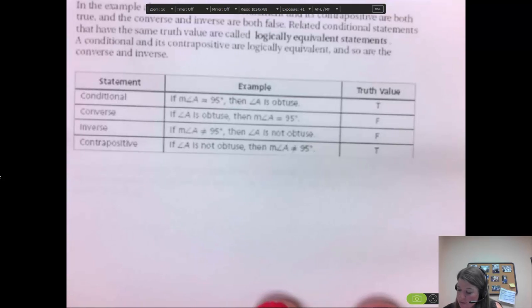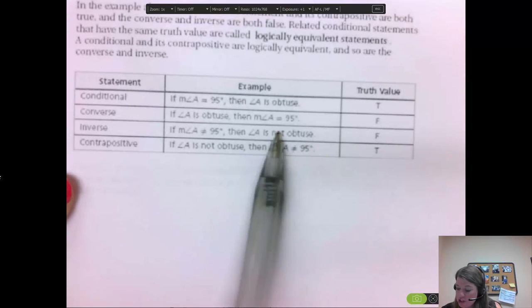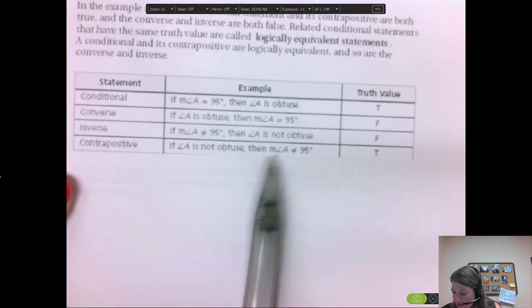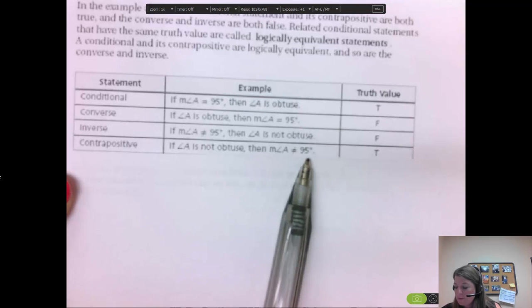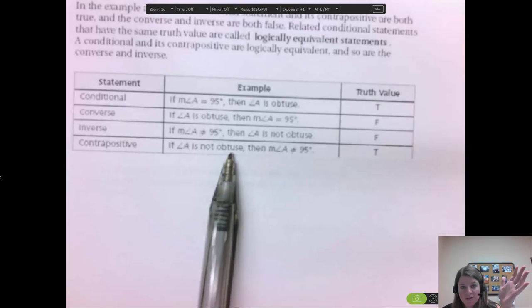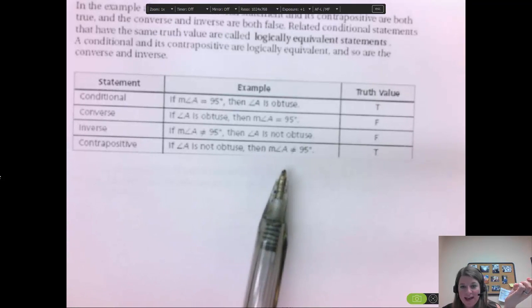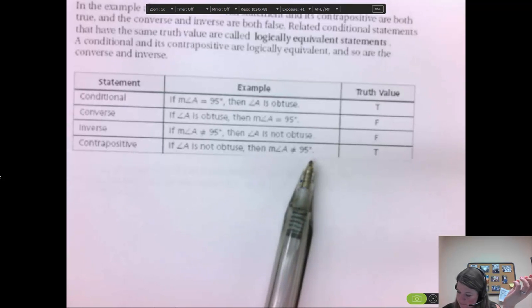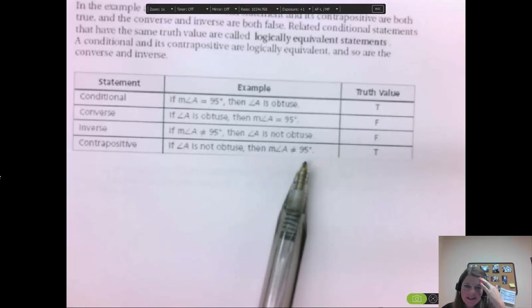Let's look at the contrapositive. So that's switching these two. So if A is not obtuse, then the measure of A does not equal 95. So if we're not obtuse, then the measure of angle A cannot equal 95. And this statement is true, but it's a little bit tricky.